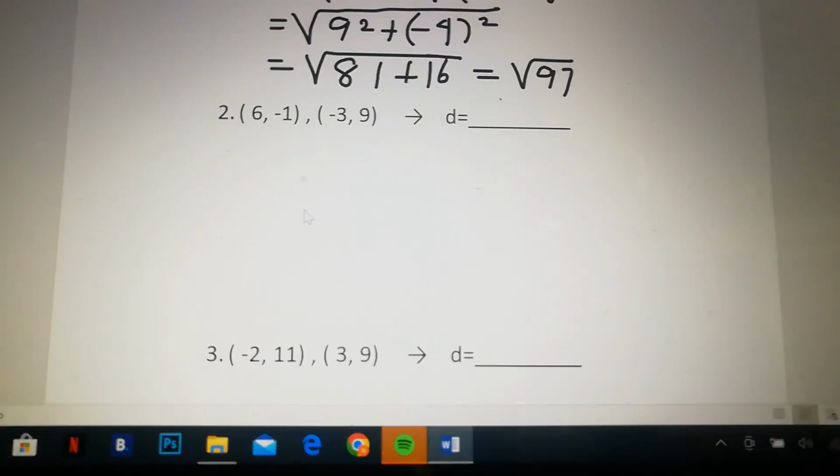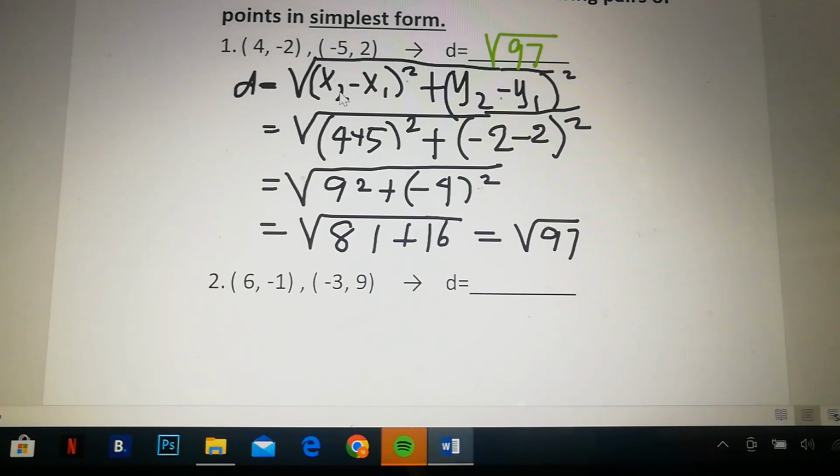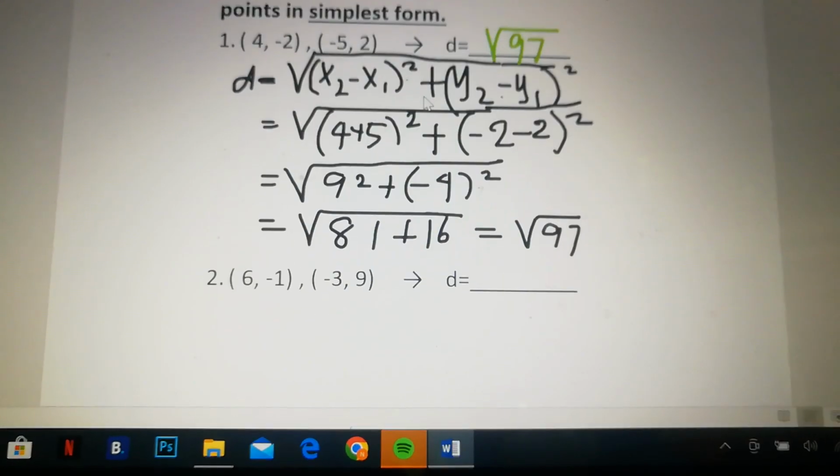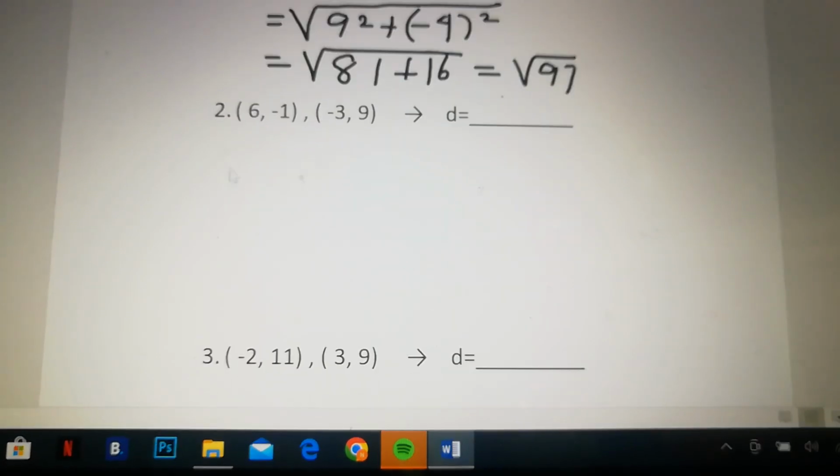Next, number 2. We will not copy the formula anymore. We will just directly substitute the given ordered pairs.